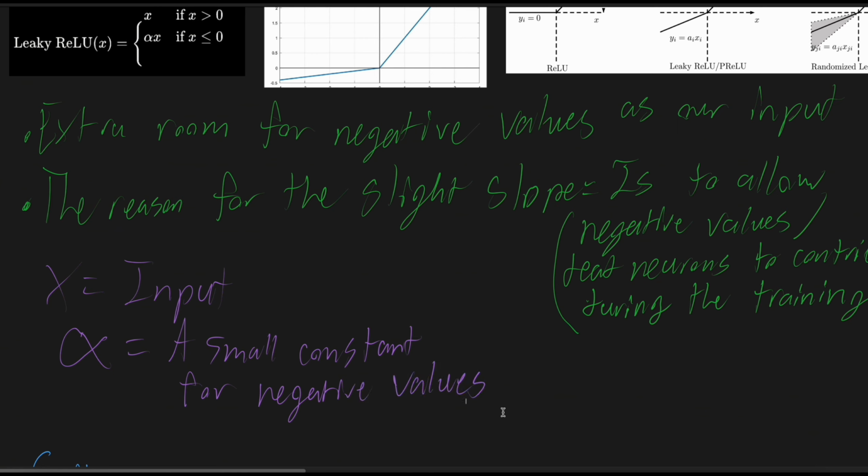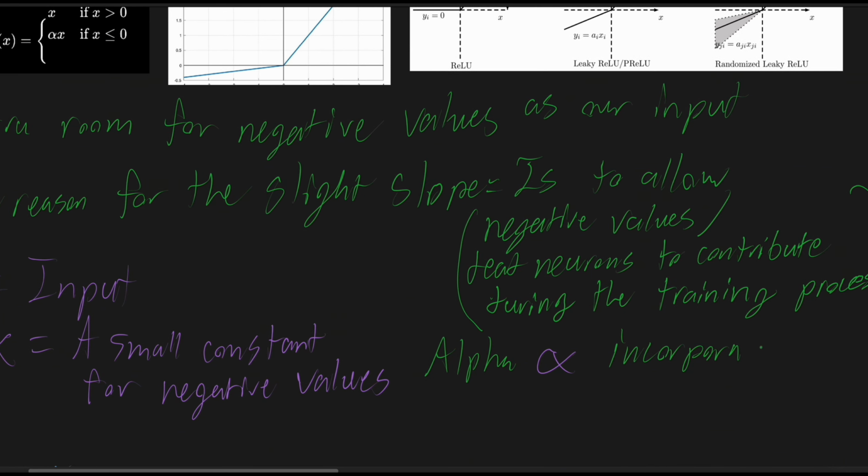Alpha typically is set to very small values as well, such as 0.01 to determine the slope of the function for negative input values, and this can be crucial for maintaining alive neurons in the network. So alpha incorporates all possible alive neurons during the training process.